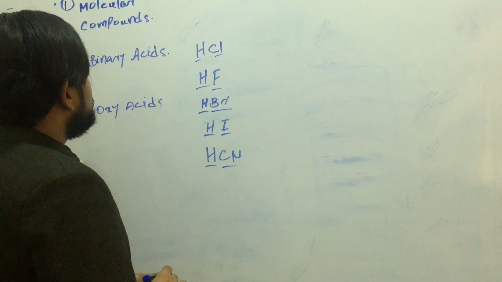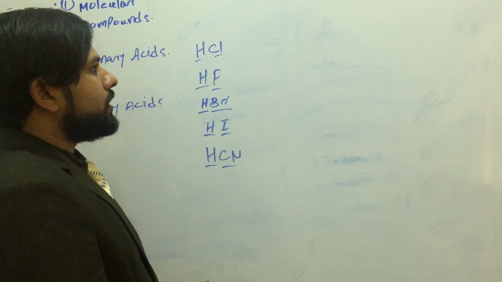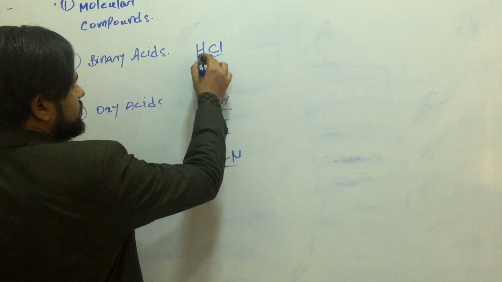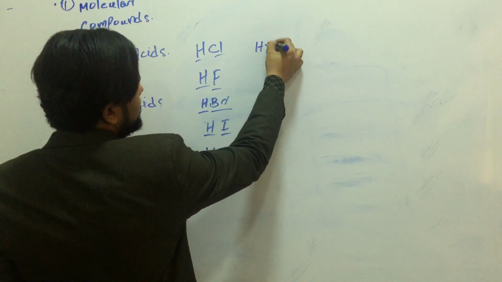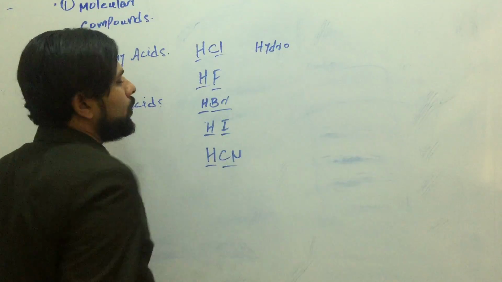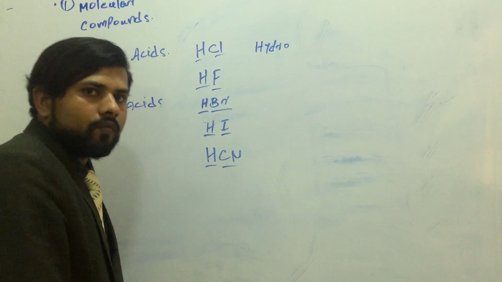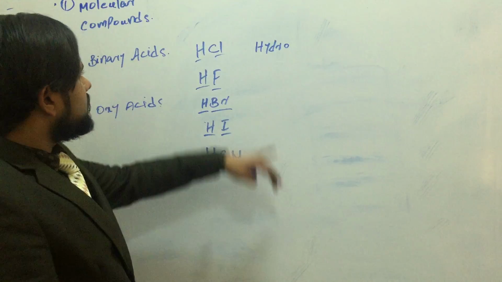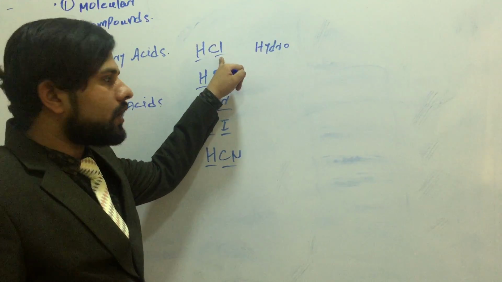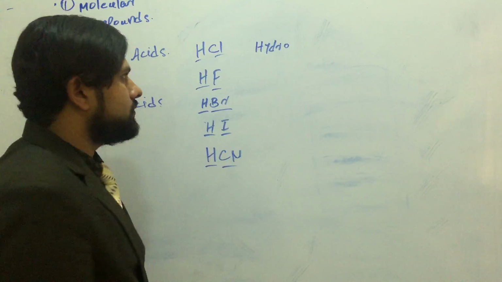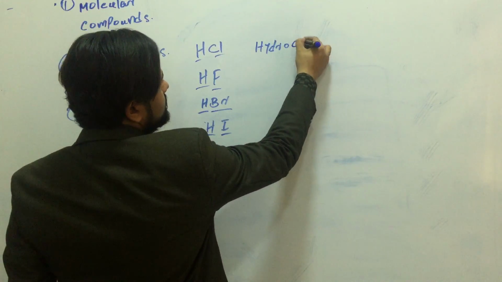So the rule to name them is very simple. First you have to write the root word. Instead of hydrogen, you will mention hydro, for all of them. Then the second element name was chlorine, but we are going to mention chloric, hydrochloric.